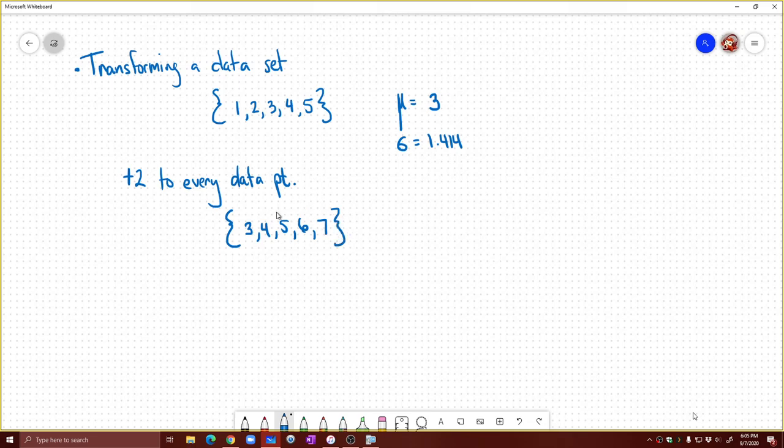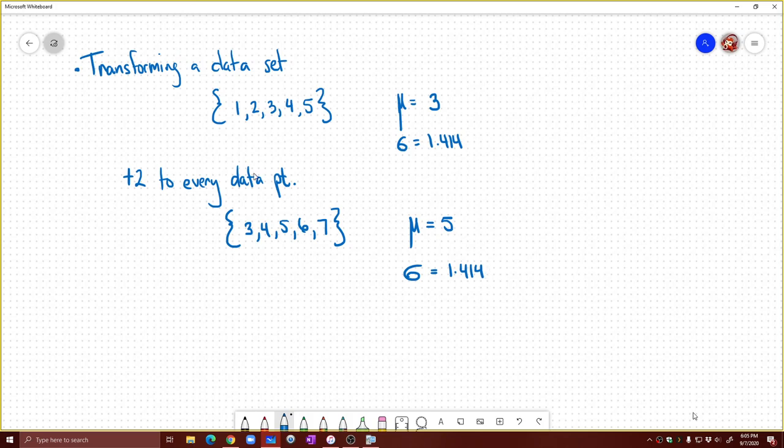Now, I could calculate now the mean and standard deviation for this. So the mean would now be 5, but the standard deviation, so if you calculated the standard deviation up here in your calculator, and you can go off to the side, pause the video, and do that to confirm, you would get this same standard deviation number here. Now, if you did it for this data set, you will see that the standard deviation is again going to be the exact same number.